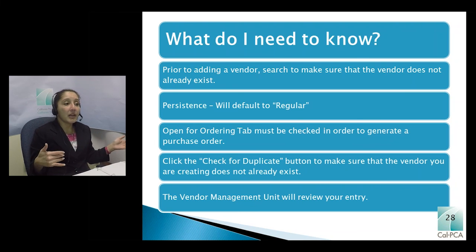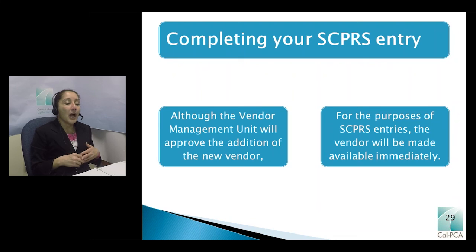If you've done everything, there is no duplicate, the vendor management unit is going to review your entry and approve it. So what does that mean for your Scprs entry? You're going to be able to have the vendor accessible to you immediately, so you'll be able to go in and still complete your Scprs entry even though the vendor management unit is still reviewing it.